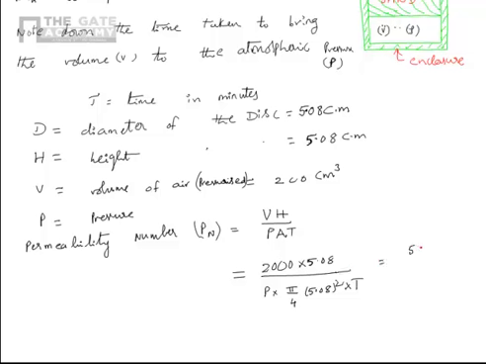If you simplify it, the standard value of permeability number you will get is 50.18 by T. Okay, this is important.